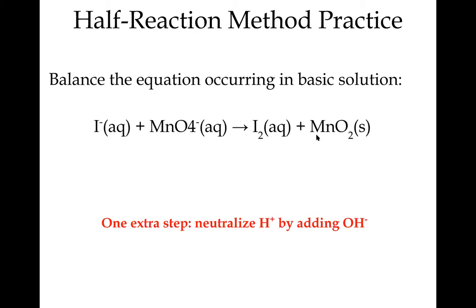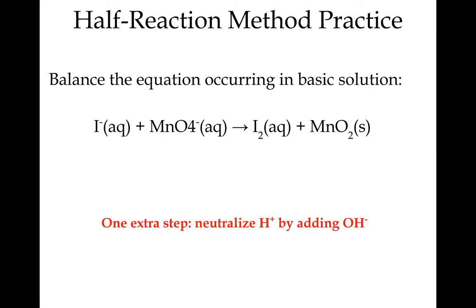And so remember, to start off with these half reactions, you have to assign oxidation states and then separate them into the two halves, one being oxidized, one being reduced. And then you balance everything except for the hydrogens and oxygens, and then you balance those. You can balance the oxygen by adding water.